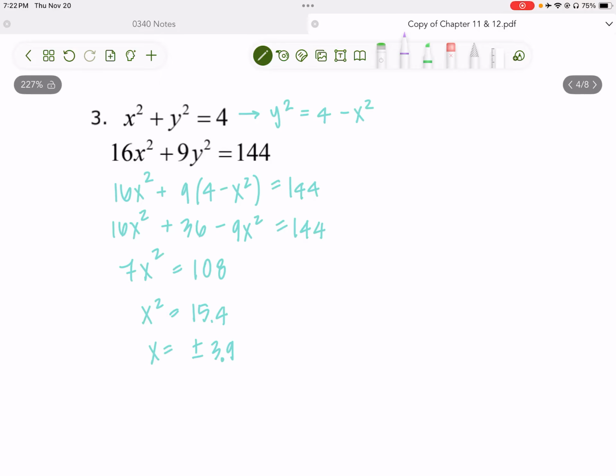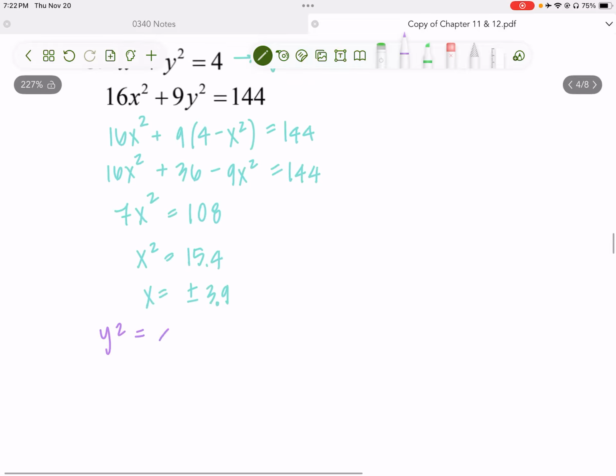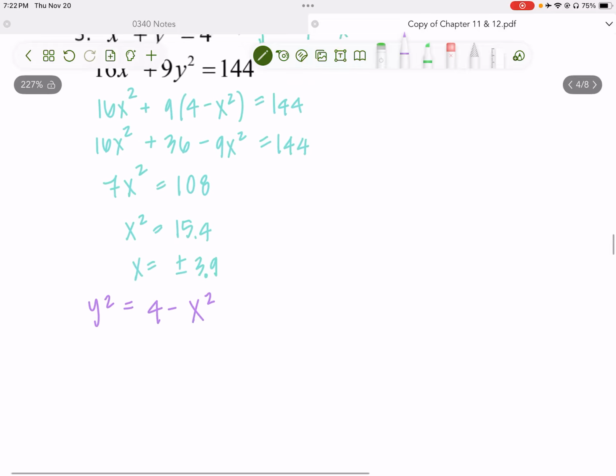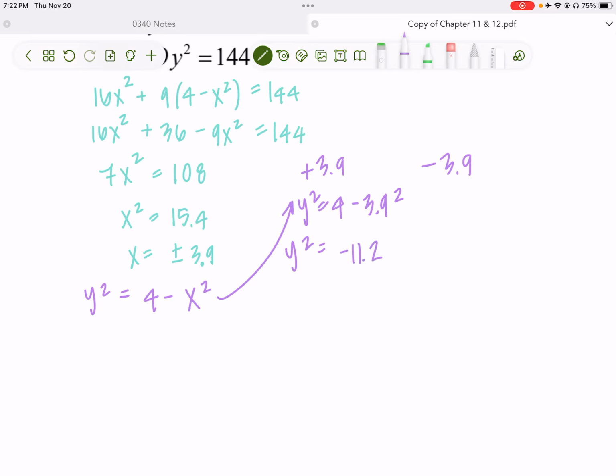So I'll just go ahead and use y squared equals 4 minus x squared. So for positive 3.9 and for negative 3.9, we have y squared equals 4 minus 3.9 squared. And that's going to get us, let's find out, 4 minus 3.9 squared, negative 11.21.